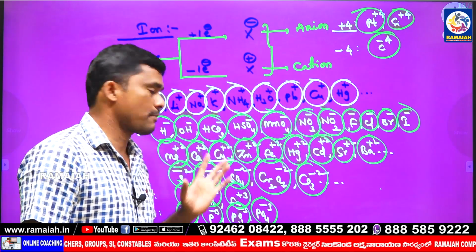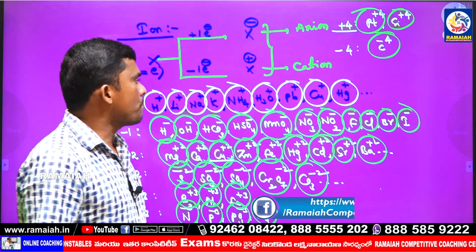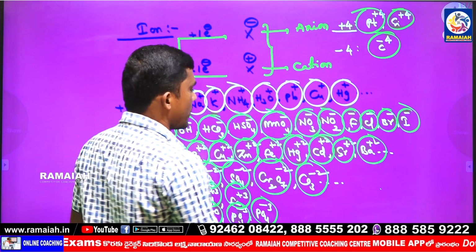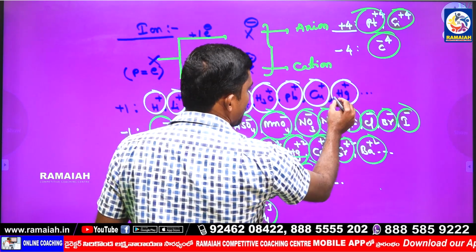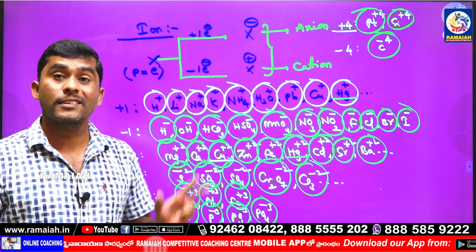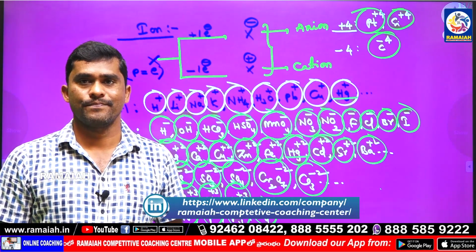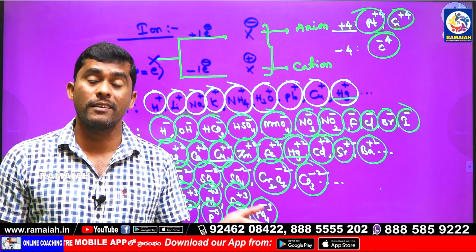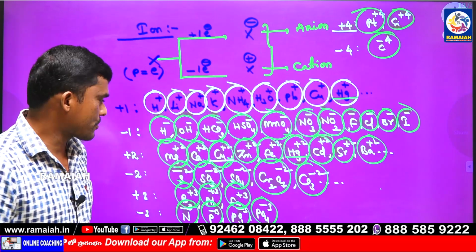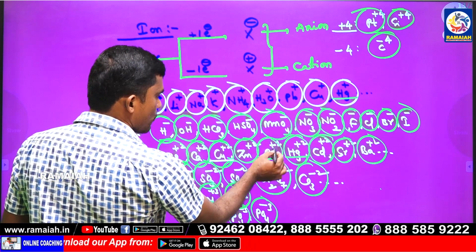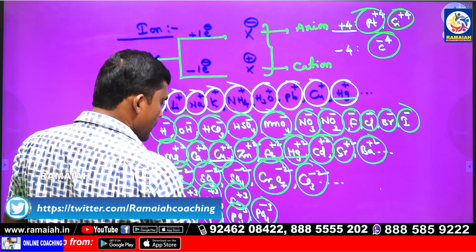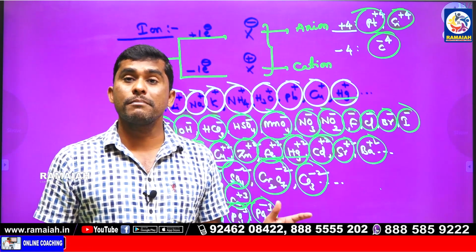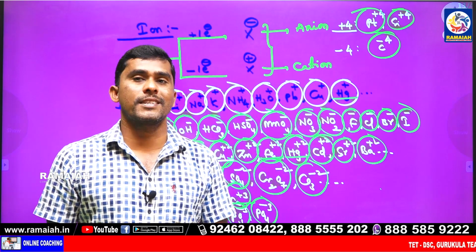Mercury also, here plus 2, here plus 1. Mercury has two ions, plus 1 ion and plus 2 ion. Iron also, here iron plus 2, here iron plus 3. So some ions have two oxidation states.